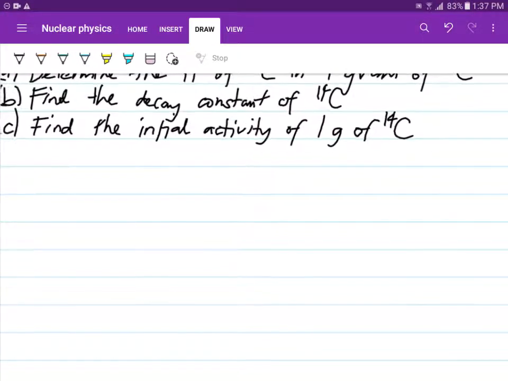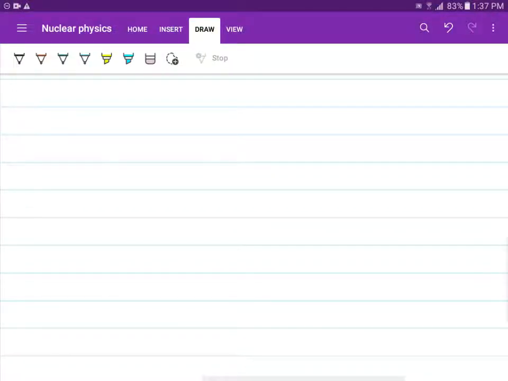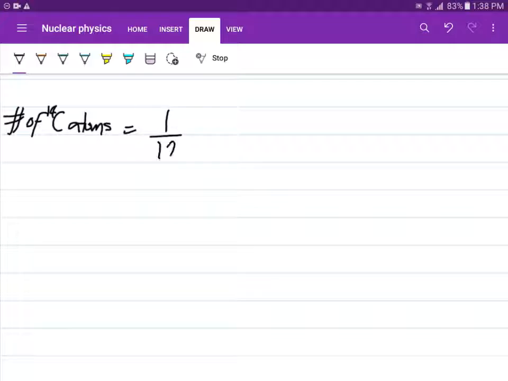So A, we are to determine the number of carbon-14 atoms in 1 gram. So let's write number of carbon-14 atoms in 1 gram. So 1 gram of carbon-12 is equal to 1/12 moles.